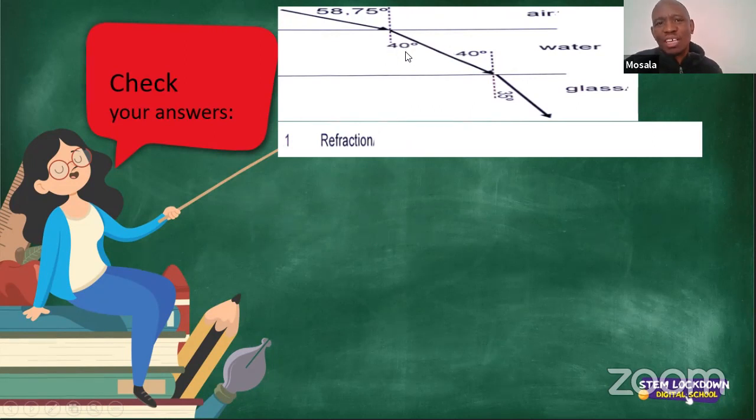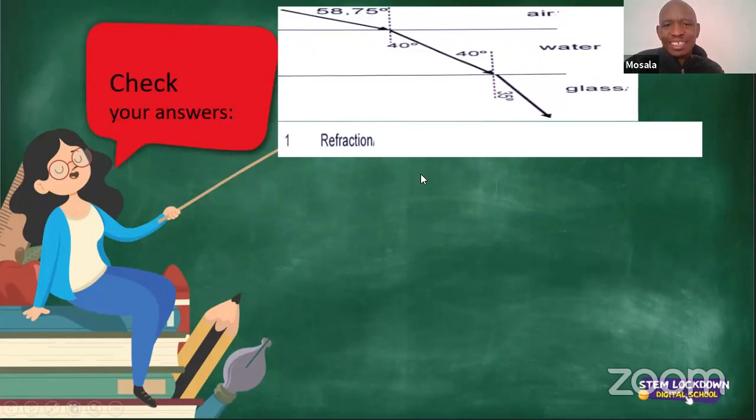Now we have to calculate the angle between the light ray and the surface of the water. So let's see how we go about doing it.